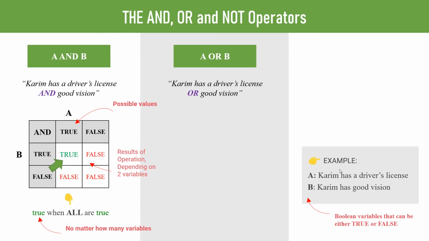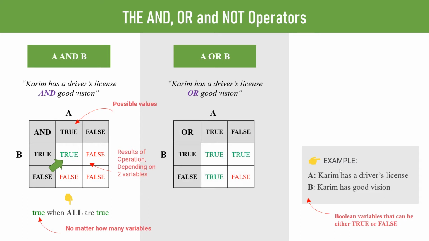And in fact, the truth table confirms exactly that. So unlike the AND operator, with the OR operator, even if one of the variables is false, the outcome will still be true. Or, in other words, if either A or B is true, then the OR operation becomes true as well.